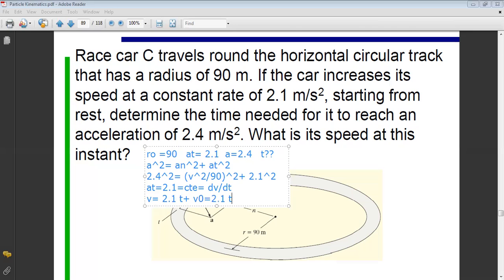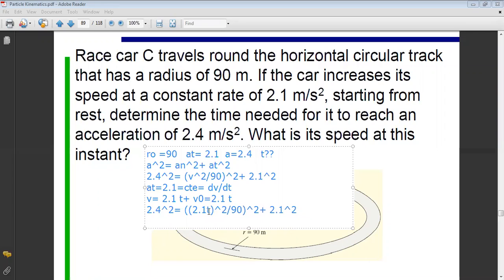So now, all I have to do is replace v in this equation by its value as a function of time. So I will put 2.1 t instead of v here. Okay? And in this equation, what will be the only unknown? The only unknown will be the time.